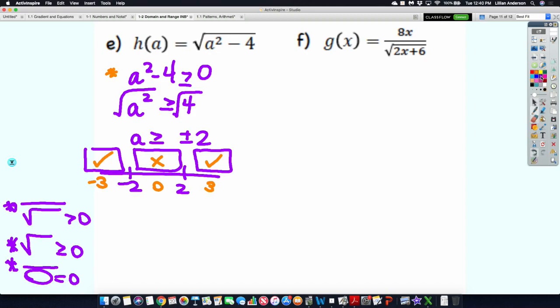So unlike C, where it was just greater than 0, since this is greater than or equal to, it is going to include those values. Okay? So how do I represent this one over here on the left? How do I represent that as an inequality? Less than or equal to negative 2. What about the one on the right? And then, of course, you've got to include the good.